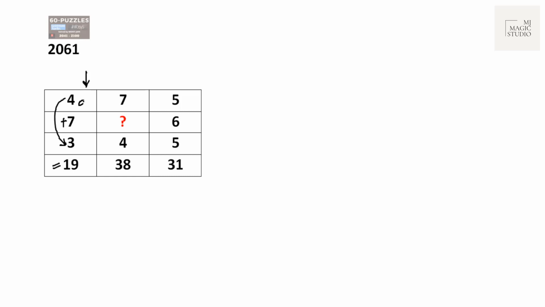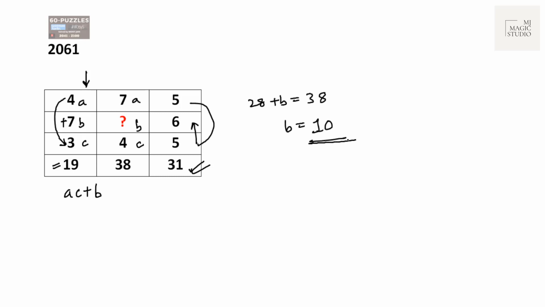Let us see if this is A, B, C. We are doing AC plus B. 5 into 5 is 25, plus 6 is 31. Bingo. Then this is A, B, C. A into C is 28, plus B is 38. Value of B should be 10. In place of this question mark, I will put 10 and hence the grid would be completed.